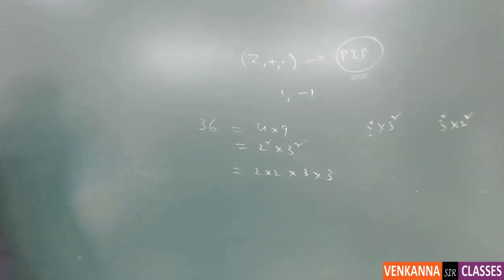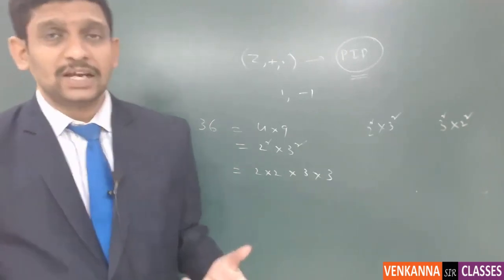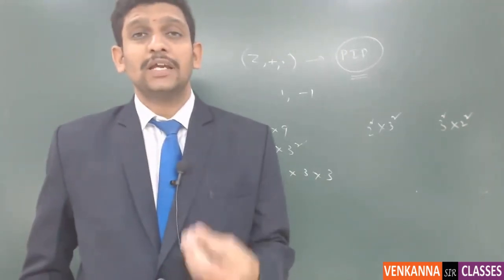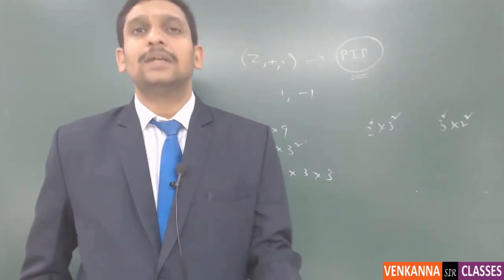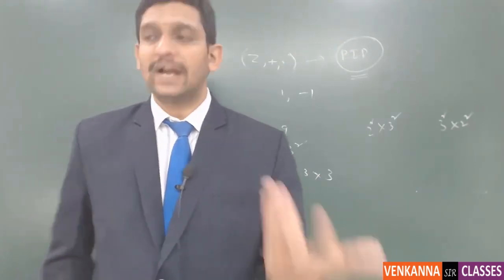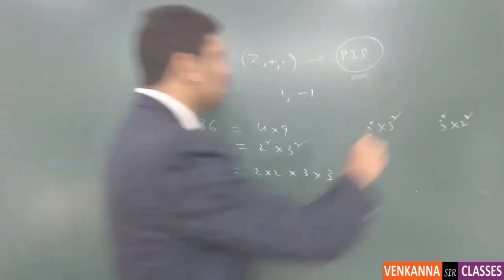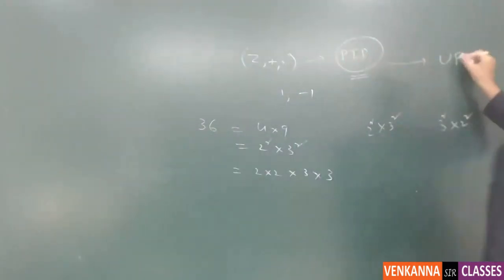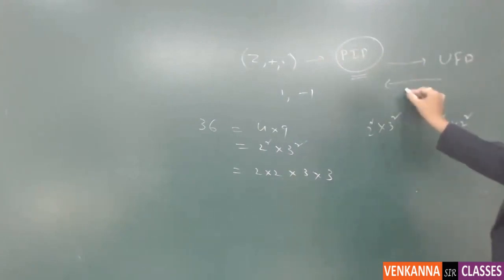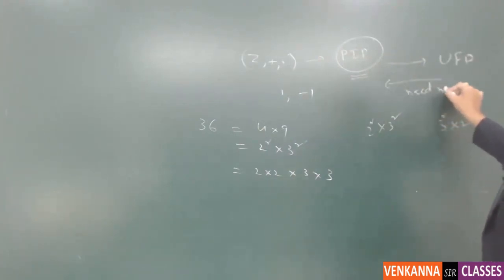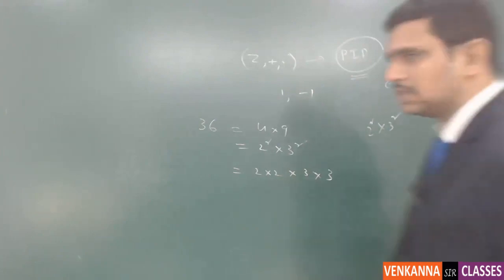So from this context, we can say one thing: whenever you take a principal ideal domain, it is always a unique factorization domain. Every PID is a UFD. And a UFD need not be a PID. The example is not important.